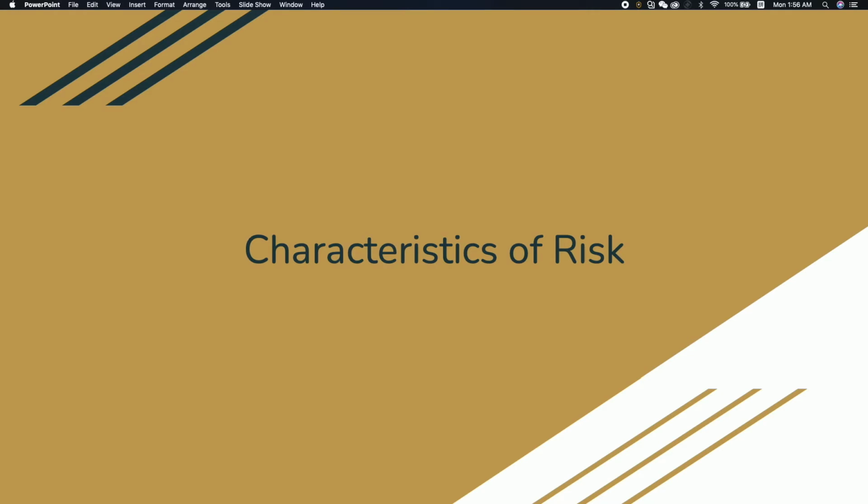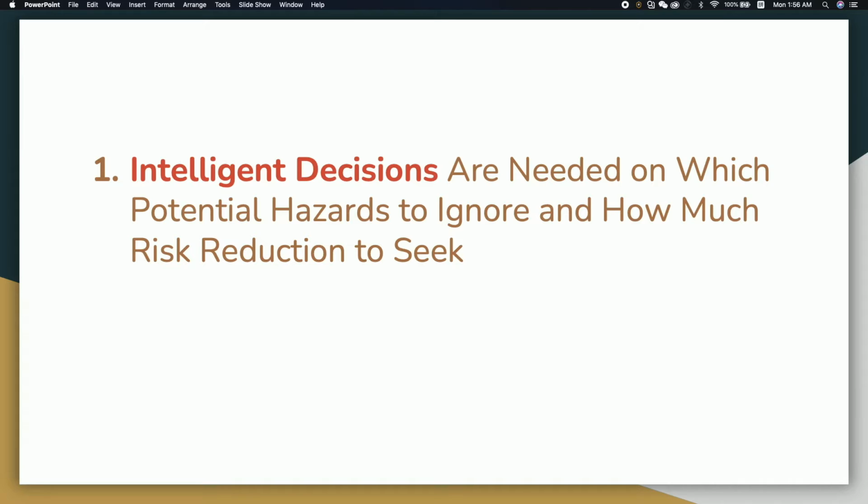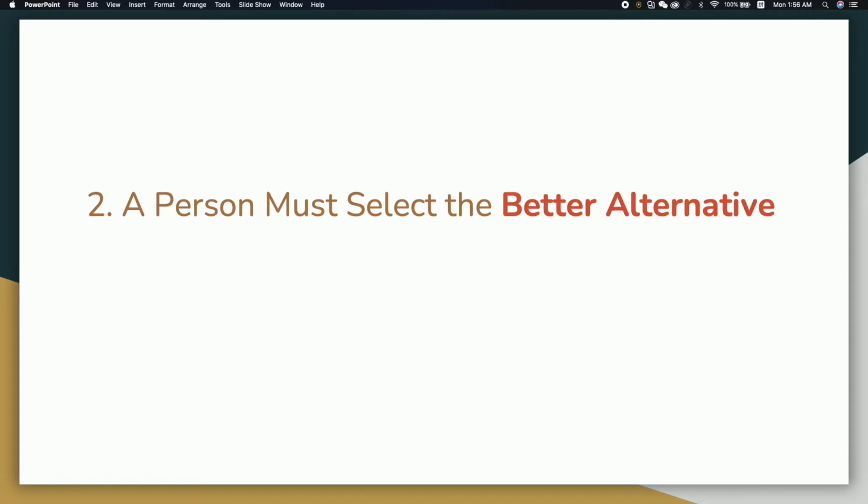From those examples, the first thing we can conclude is that intelligent decisions are needed on which potential hazards to ignore and how much risk reduction to seek. Although the decision processes are generally complicated, these decisions require information about the nature and probability of the hazard, how the risk is perceived, and safety goals.